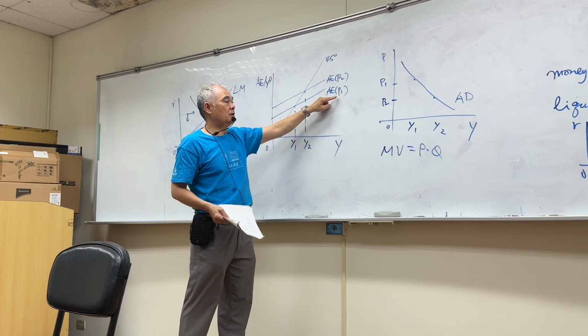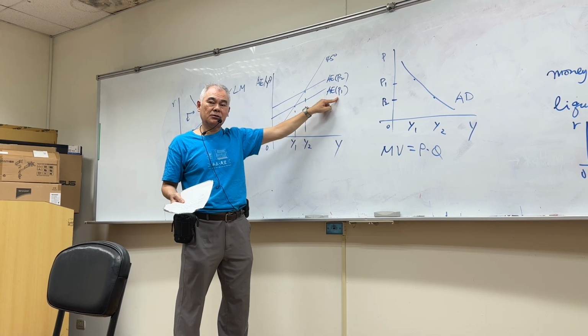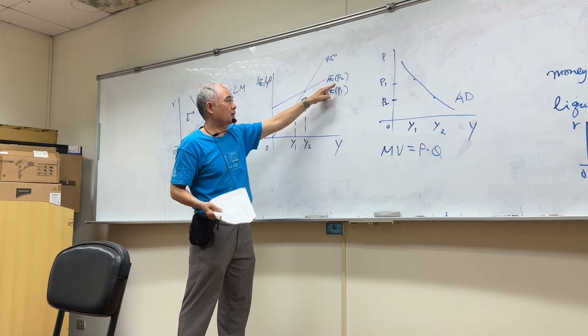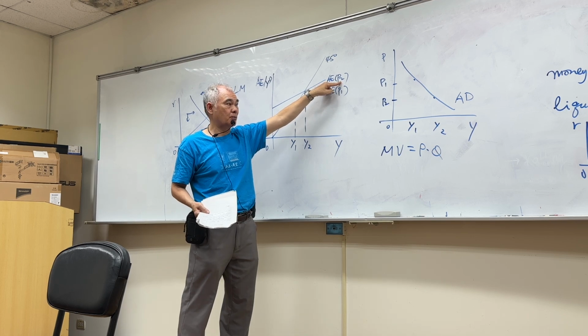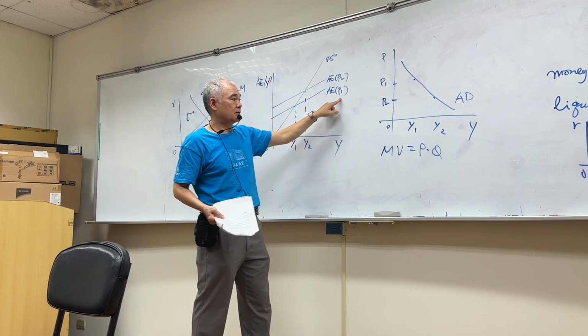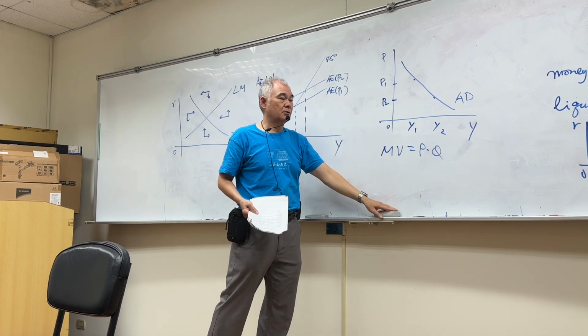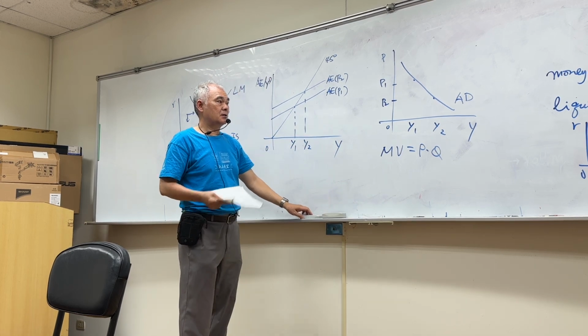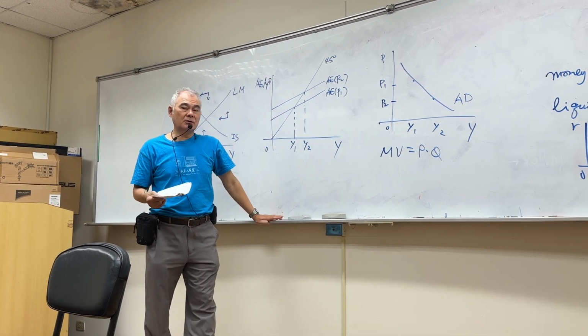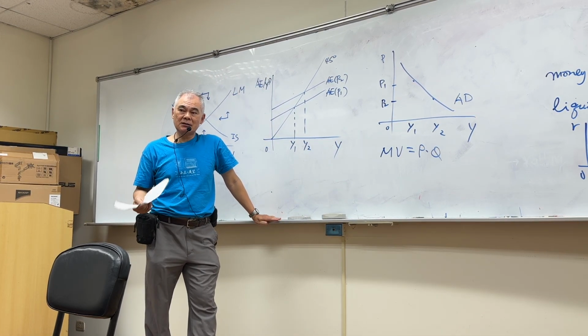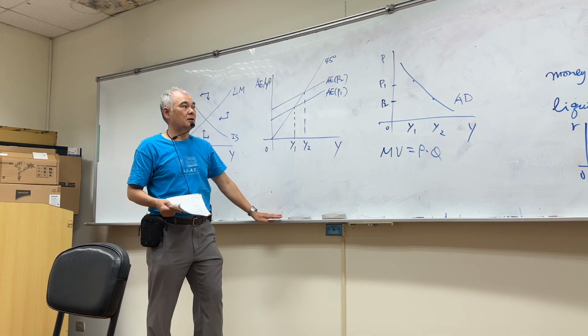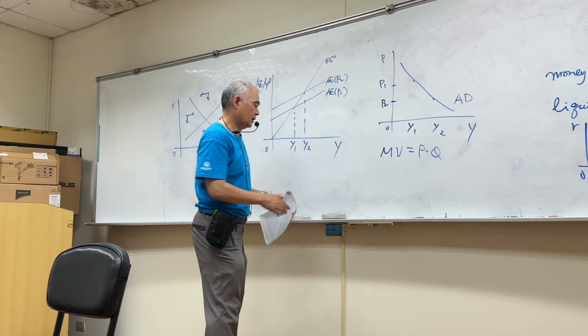The price level is lower, so you can buy more. So P2 is the lower price level and P1 is higher. Then from here you get the aggregate demand curve. Now, how do we use IS-LM to derive the aggregate demand curve? Let me show you here.